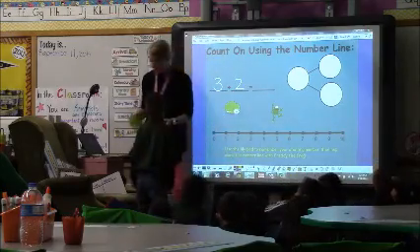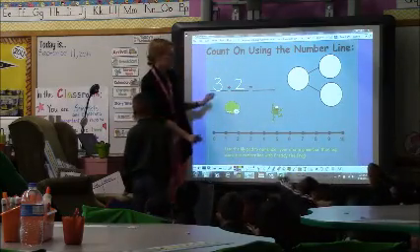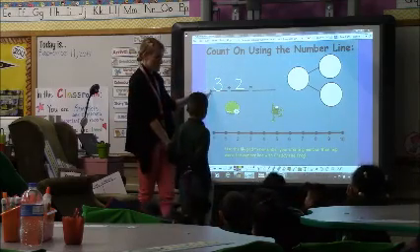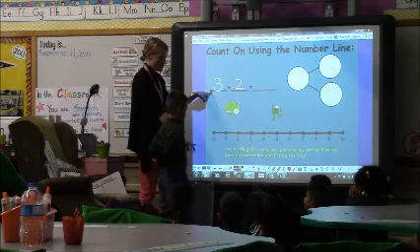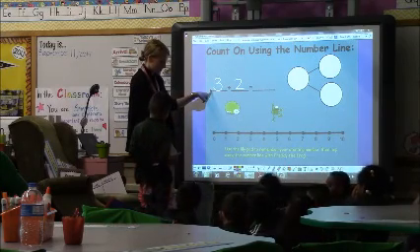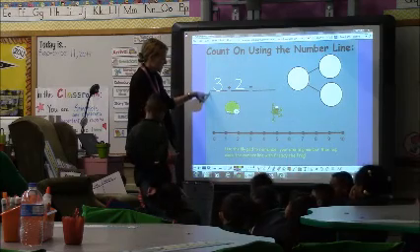So to use a number line, we're going to find the very first number. What's my first number? 3. So he's going to find 3.